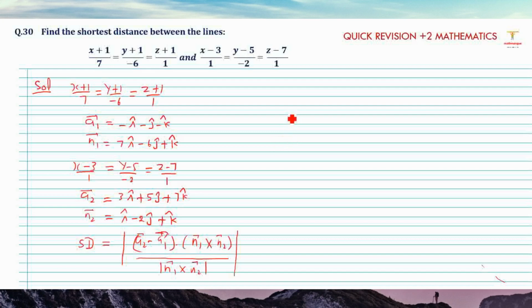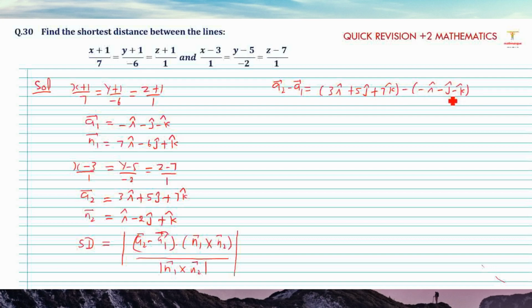Find a2 minus a1. This is 3i plus 5j plus 7k minus, and a1 is -i -j -k.